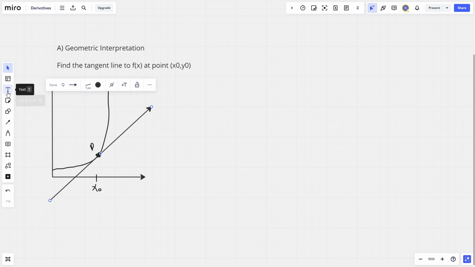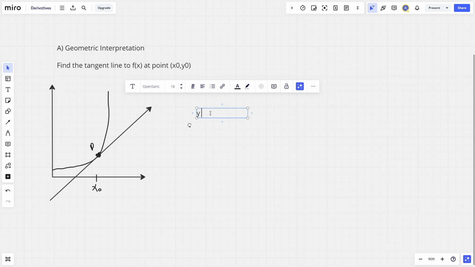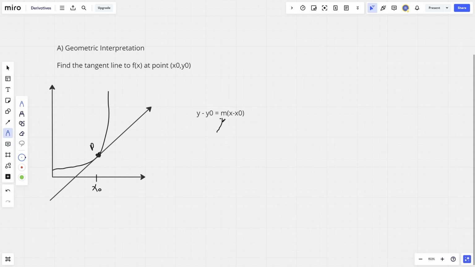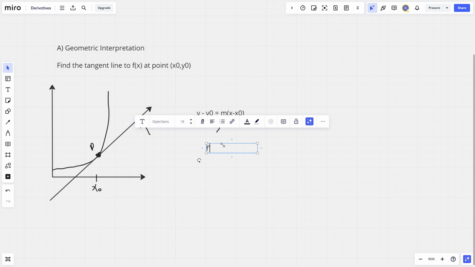So the derivative is basically just the slope of this tangent line. If you remember the point slope form, it states y minus y0 is equal to m times x minus x0, where m is the slope of the tangent line, which is this, and we call this the derivative, or f prime of x, which is just the derivative.